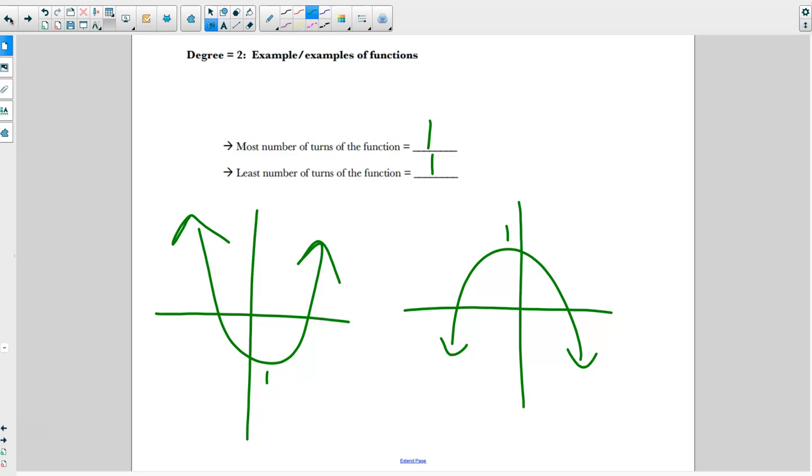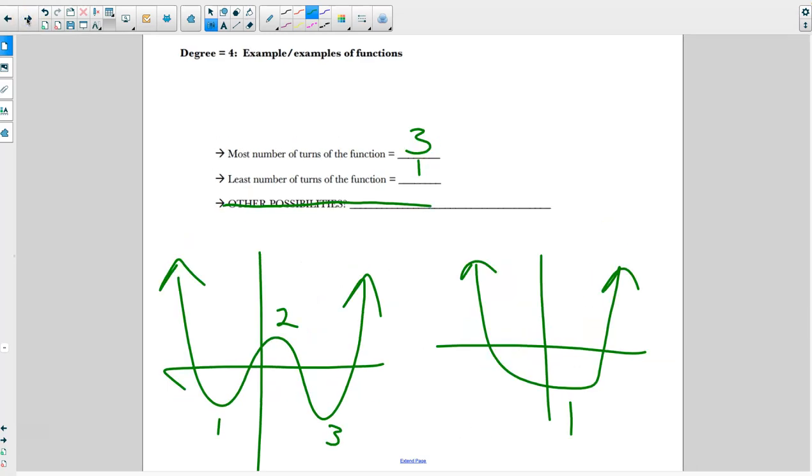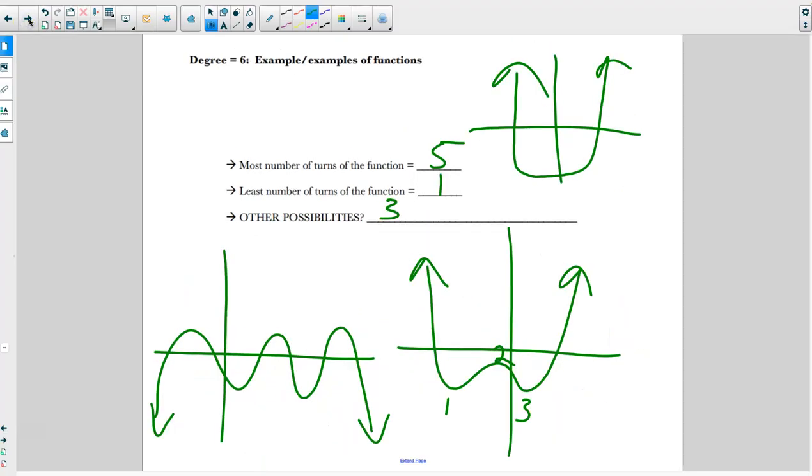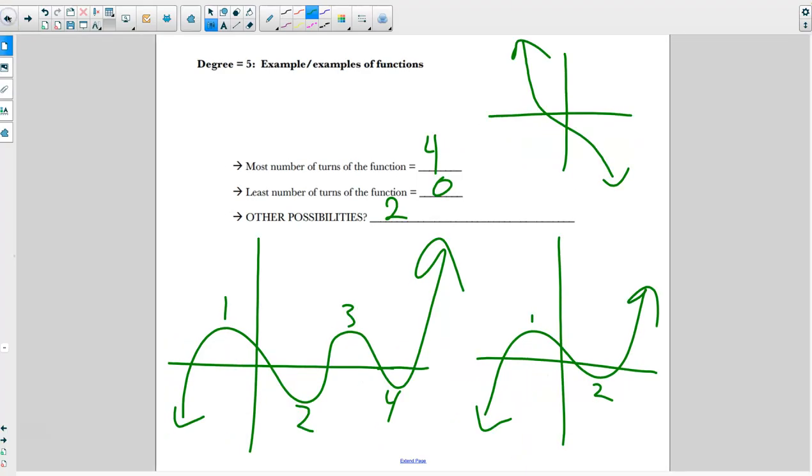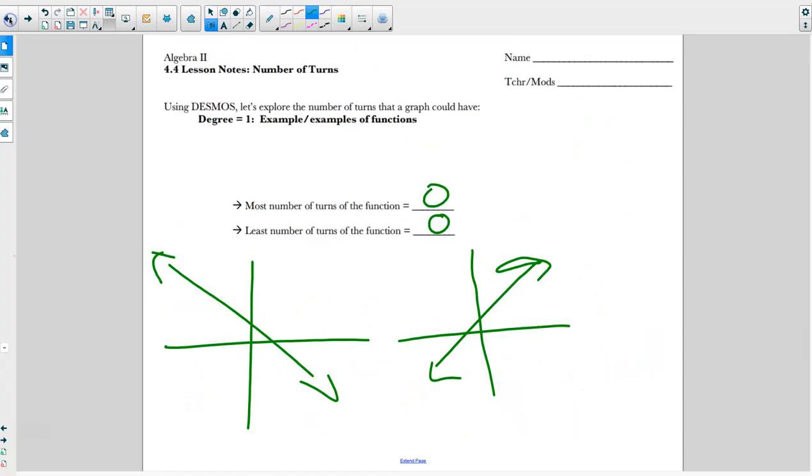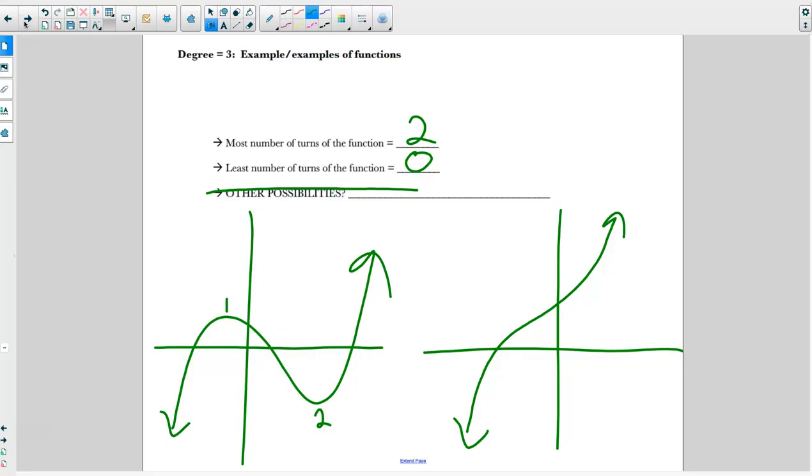It's 1, it's 3 and 1, 5, 3 and 1, right? So there's a lot of options there. What I do want you to also realize, if I look at the odds, it goes 4, 2, 0, it goes 2, 0, and it goes 0. Notice how they count by 2s. So if I have 10 turns, I could also have 8.